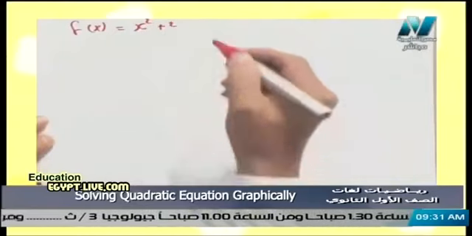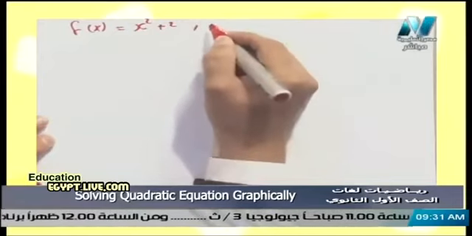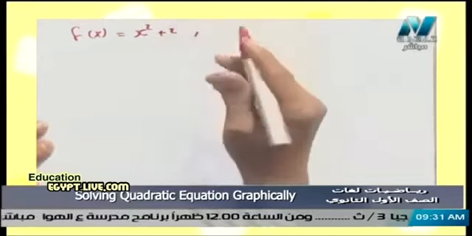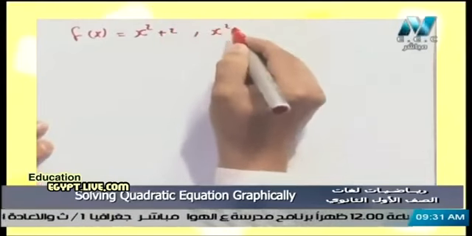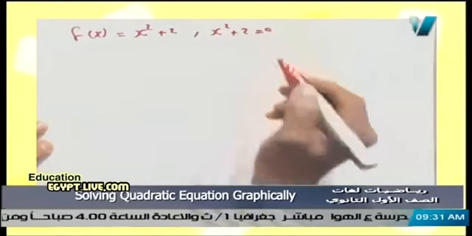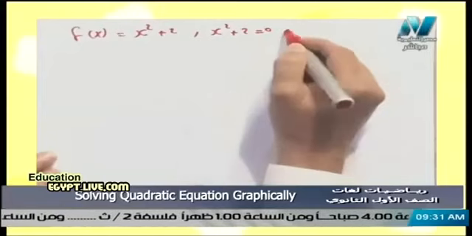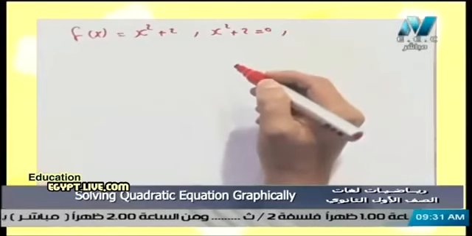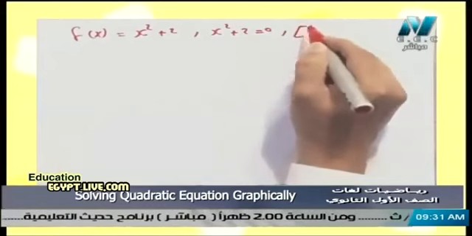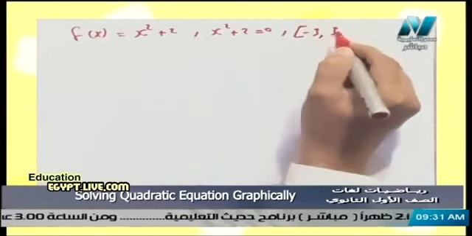Okay, and the solution set of x power 2 plus 2 equals 0. Okay, and we have the interval from negative 3 to 3.